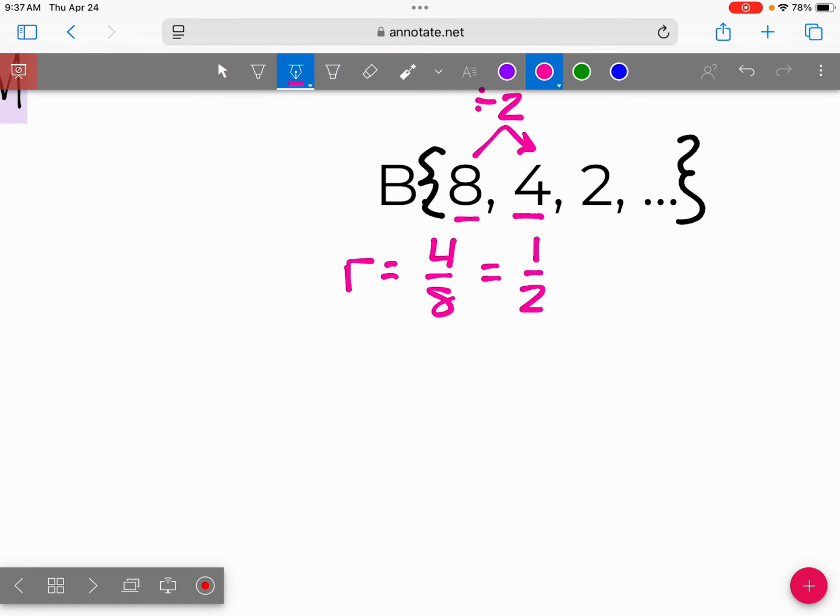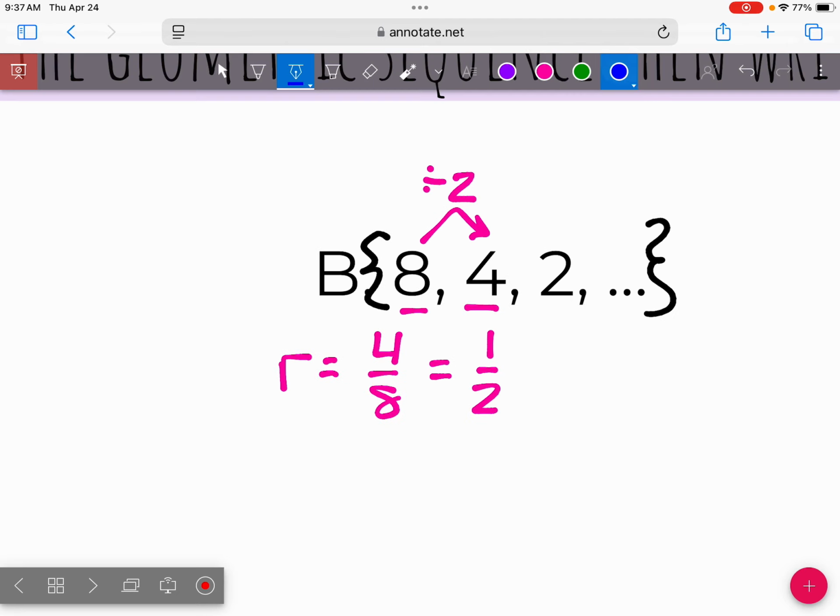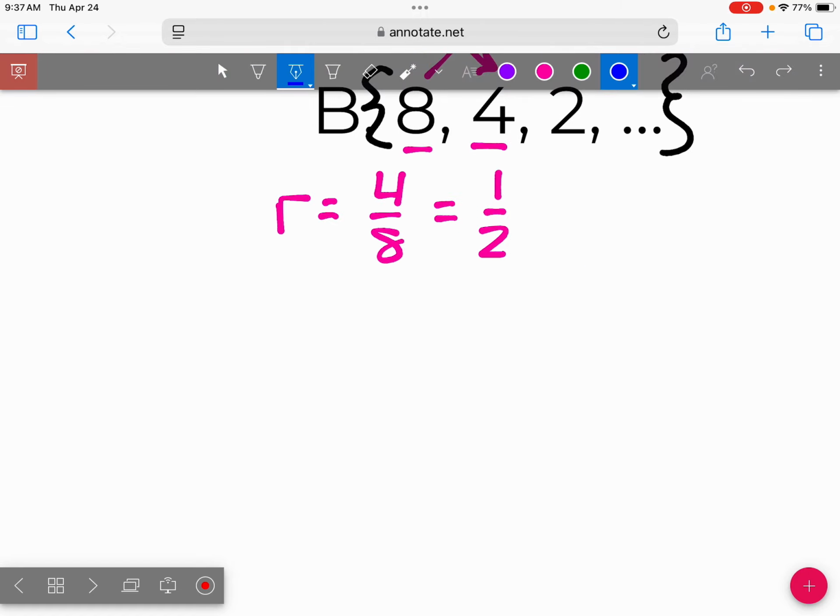So let's see if we can find our next couple of terms. We have our first term, we have our second term, we have our third term. How are we going to find our fourth term? Divide 2 by 3. So we're going to have our 2, which is our third term here, times that common ratio of 1/2, or divided by 2. What do we get? 1.